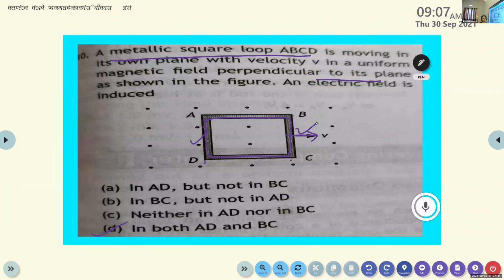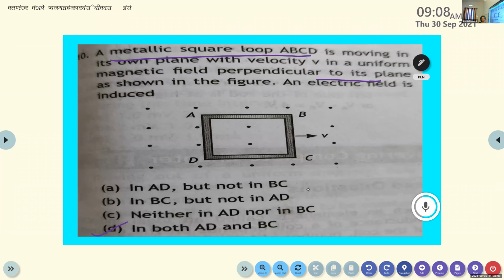Then just try to recall what you mean by electric field. Try to recall the definition of electric field from the first chapter. It is something that we can relate with the first chapter and magnetism and matter. So here ABCD is a metallic square loop. It consists of free electrons, which behave like charge carriers.